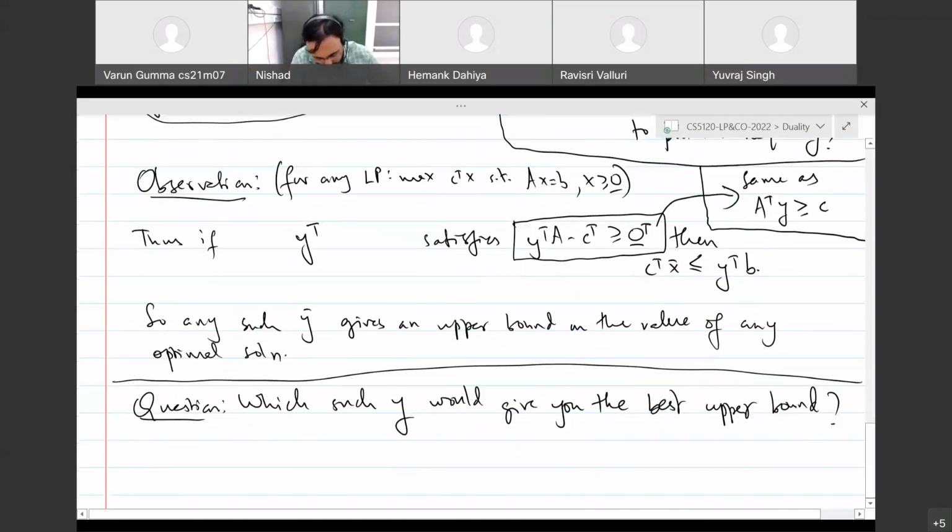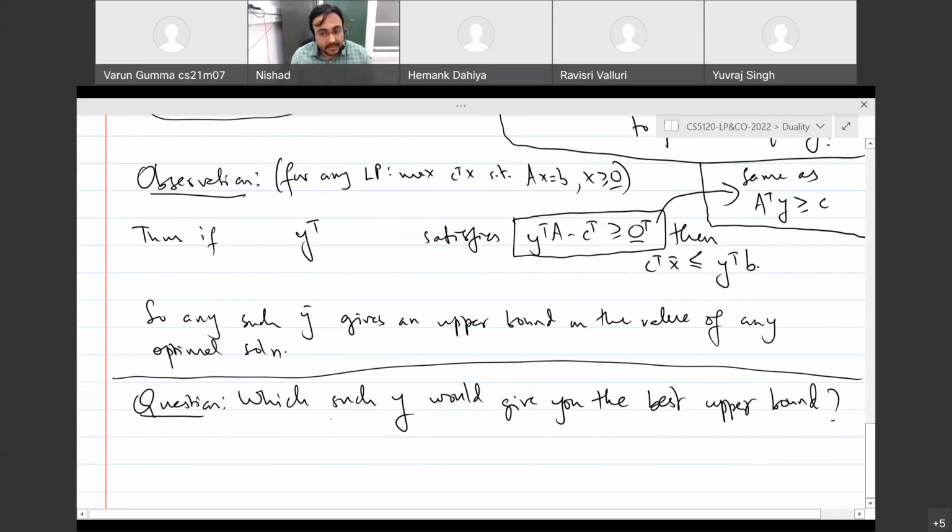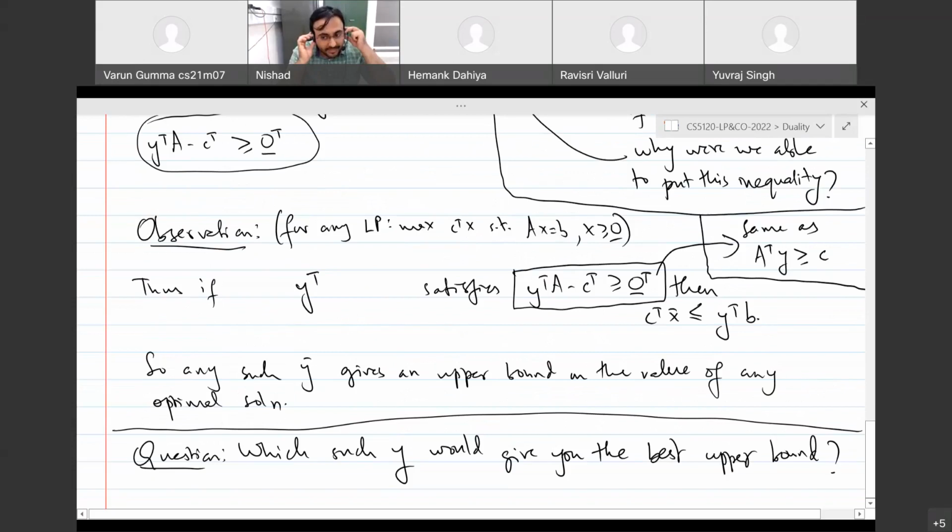So just to be clear, it's like optimizing Y transpose B with the constraint that A transpose Y is greater than or equal to C. What do you mean by optimizing here? Here you want to minimize, I think. Minimize, right?